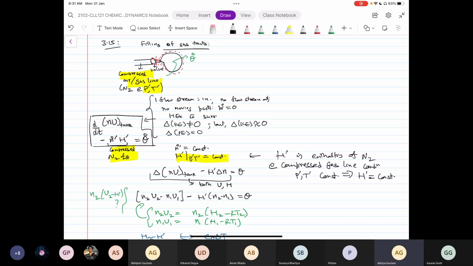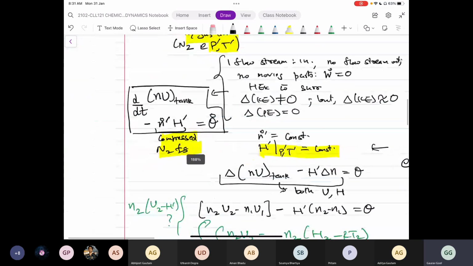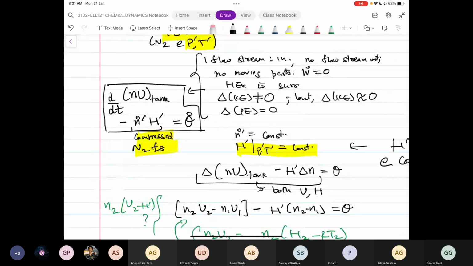But in the tank the pressures are different from the pipe. That's enthalpy. So this equation is actually capturing how the tank conditions are changing as a result of two things. There are only two things happening here.